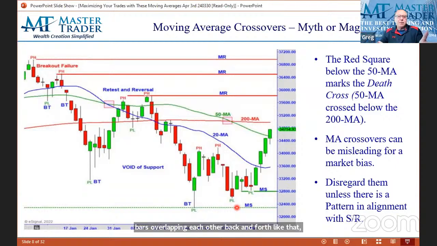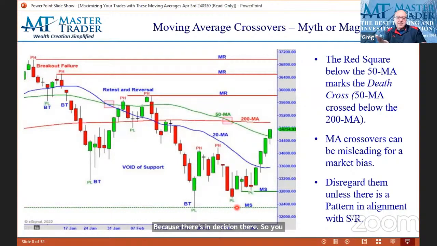Now, is it chopping around while the moving averages are pointing up or pointing down? Or are the moving averages intersecting through the middle of the prices while they're whipping back and forth? That's indecision and it's craziness. So you want to trade trending markets. If you have markets that are flipping back and forth like that, they're great for credit spreads because there's indecision there. So you stay away from it.